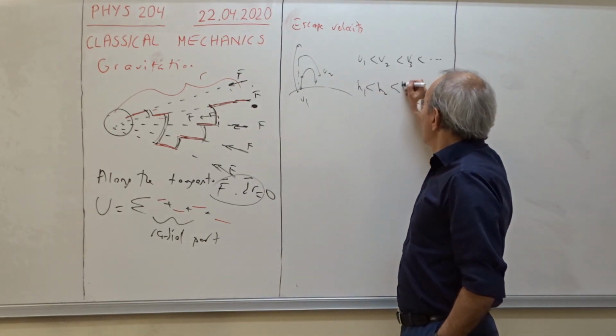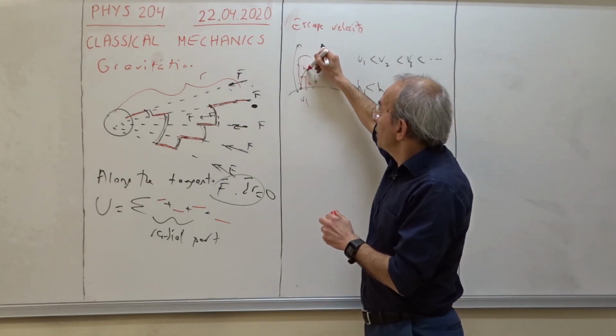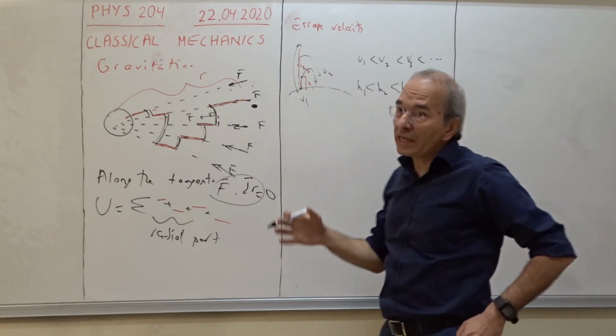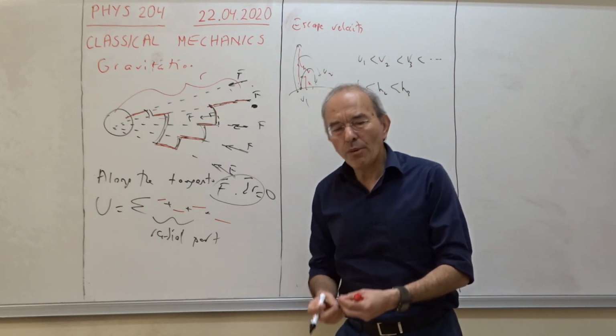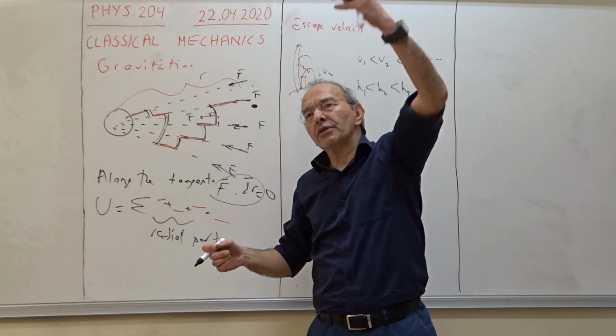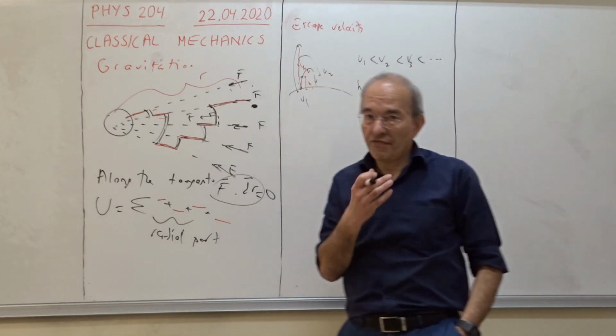So h1, h2, h3, and these heights are like these maximum heights from the ground. However, in all such cases, it is necessarily expected that the object, once thrown up, sooner or later comes back and falls down because of the gravitational pull of the Earth.